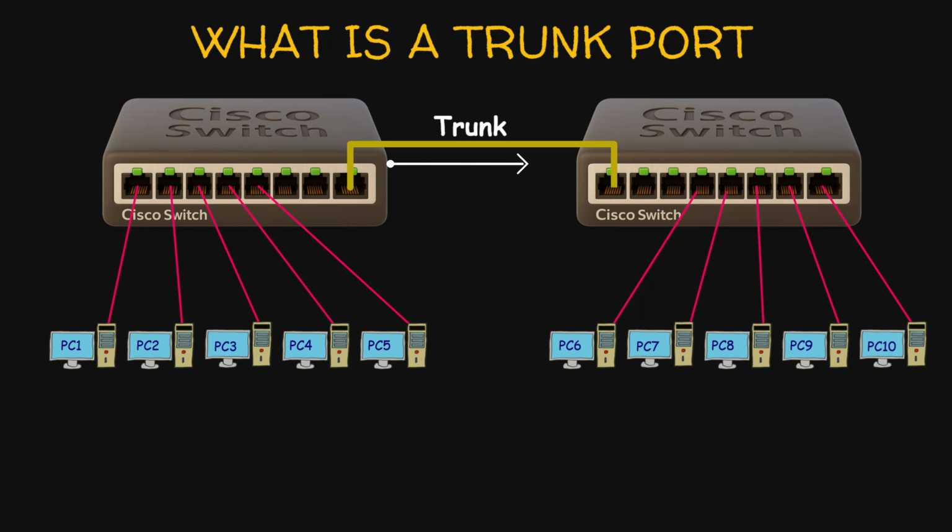For example, one cable for VLAN 10, another cable for VLAN 20 and another cable for VLAN 30. That is expensive and inefficient. Instead, Cisco created the trunk port so that a single trunk port carries traffic for multiple VLANs over one cable. So the same cable carries VLAN 10, VLAN 20 and VLAN 30 together from one switch to another switch.